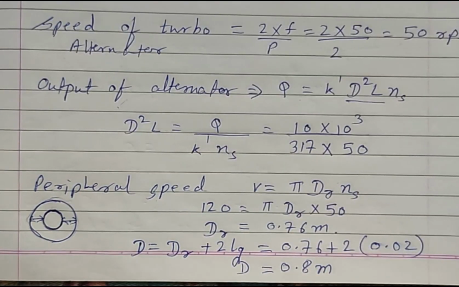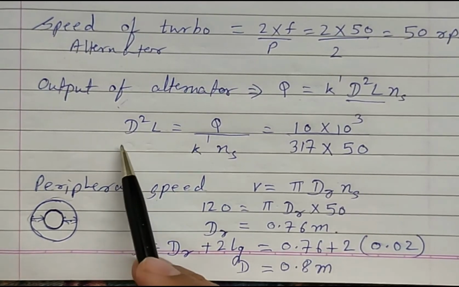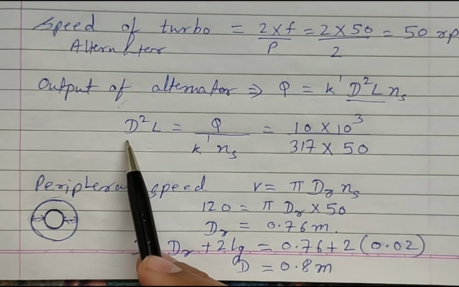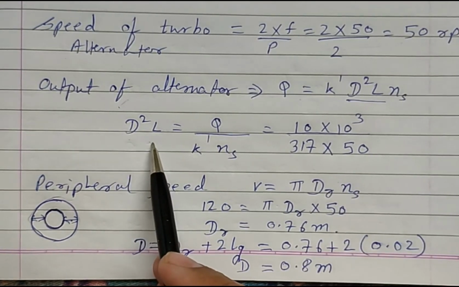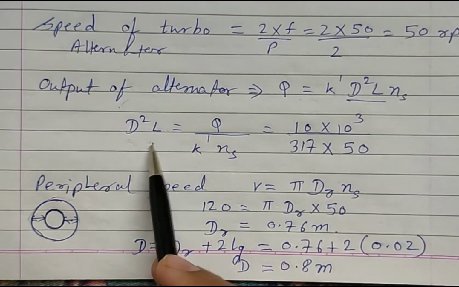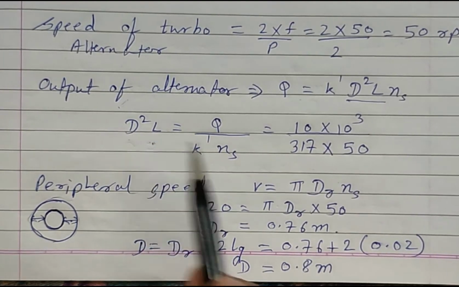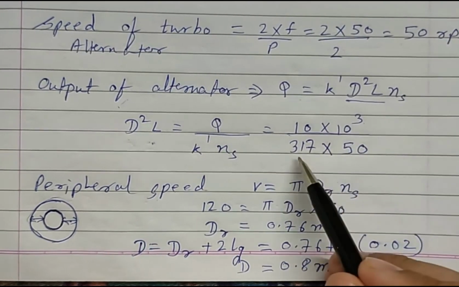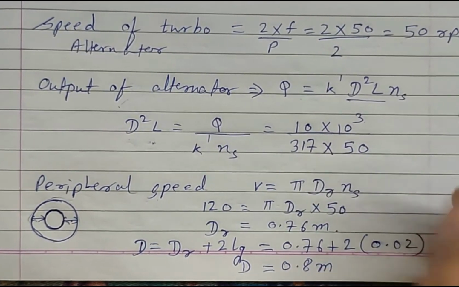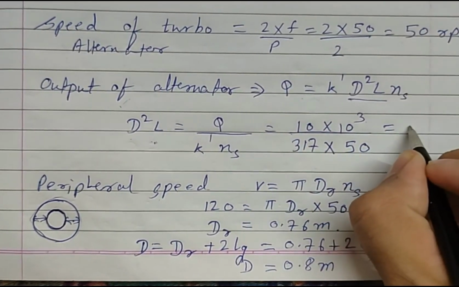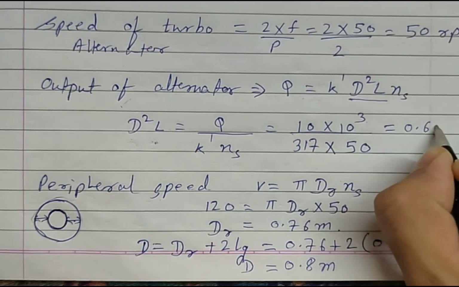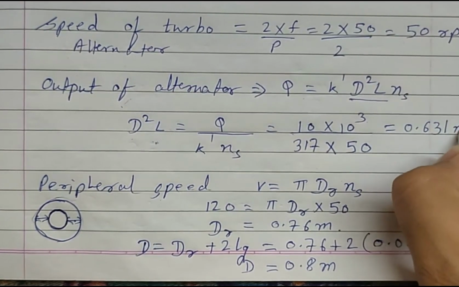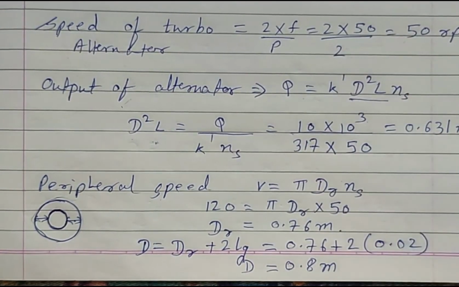Once we have found out the value of capital D as 0.8 meters, using this product of D square L, we can easily find out the value of capital L. So this 10 into 10 raised to 3 upon 317 into 50 turns out to be 0.631 meter cube.